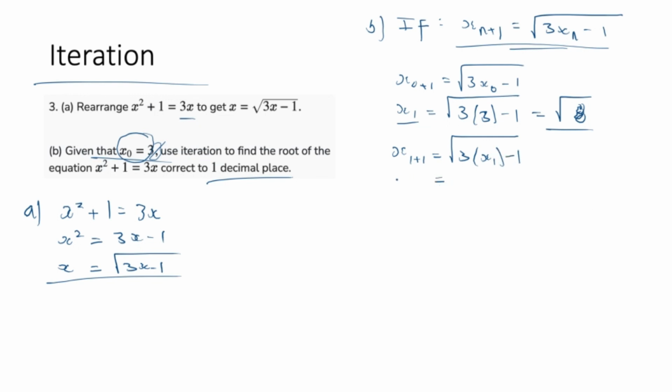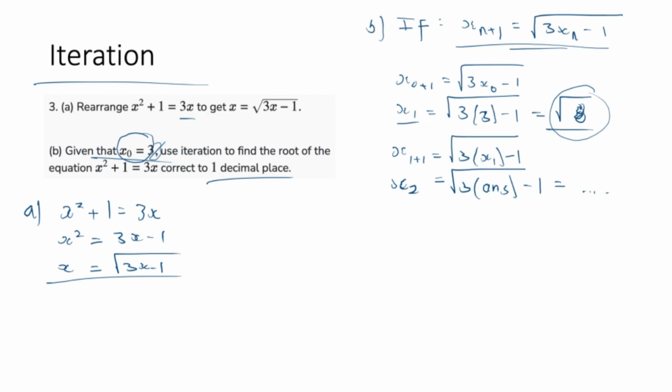So x2 is equal to 3 times x1, which is the square root of 8. Actually, I'm going to put ans instead, and I'll explain it later. So ans, which is the square root of 8, minus 1. And this will give you an answer.